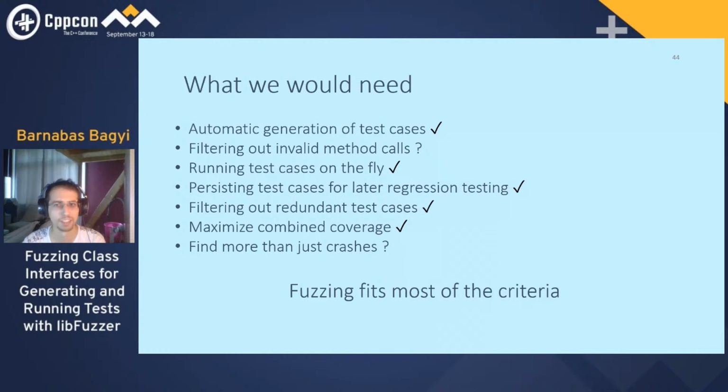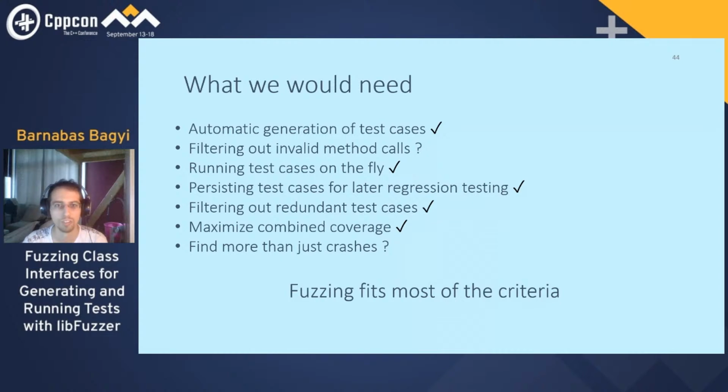Now we can verify that fuzzing indeed does generate test cases automatically. Of course, the second point does not really make sense when it comes to fuzzing, right? Fuzzing is all about testing string interfaces. It has no concept of method calls at all.